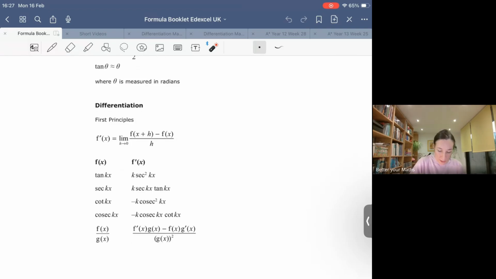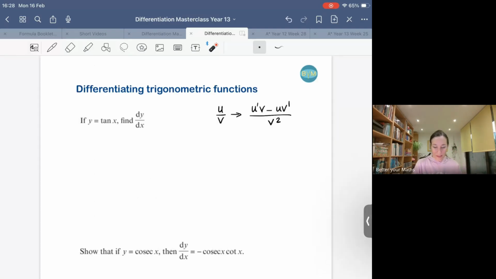I told you before about the first principles, and then you have a series of formulas: this is the quotient rule, and you have tan, sec, cot, cosec. You don't have to remember them because they are here, and sometimes it's confusing to remember which one is the minus and which one is not, but you have to remember that they are here and use them.